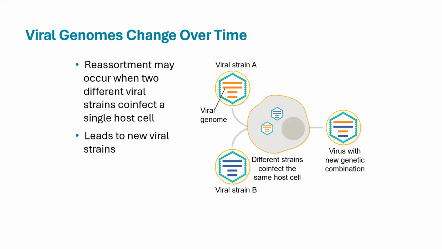You can get reassortment. Now, this happens when you get infection from two strains of the same virus. Then during the process of assembly, some of the genetic material from each of the virus strains is incorporated into the new virions, leading to a new viral strain.